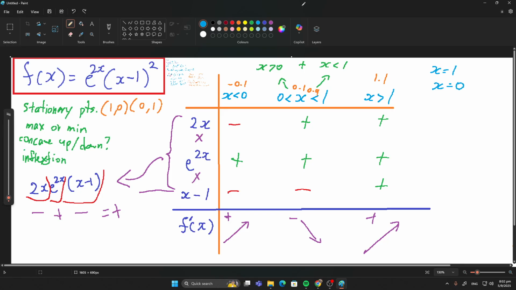Very simple. This is where the second order derivative comes in. What is the second order derivative? Let's recap, okay? The first order derivative is the rate of change of your graph. So essentially, it is the gradient of that graph at that particular specific point. The second order derivative, however, is basically how your graph is changing with respect to x.